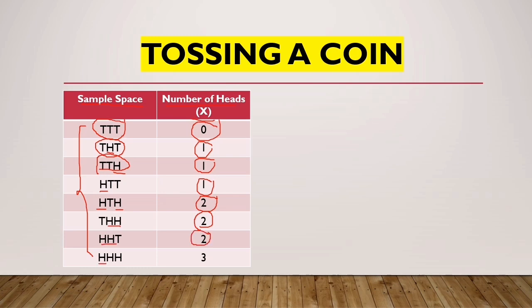And on the last outcome, we have 3 heads. There are 3 heads on the last outcome. So these are the values of the number of heads, which were determined from the possible outcomes.